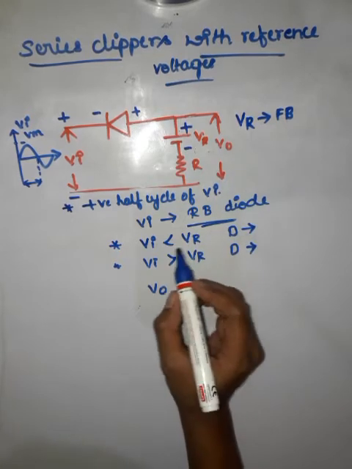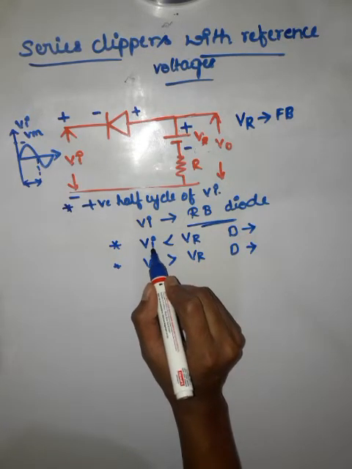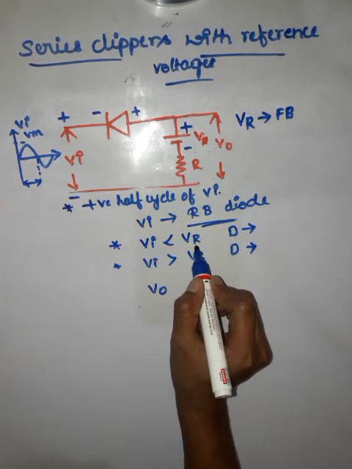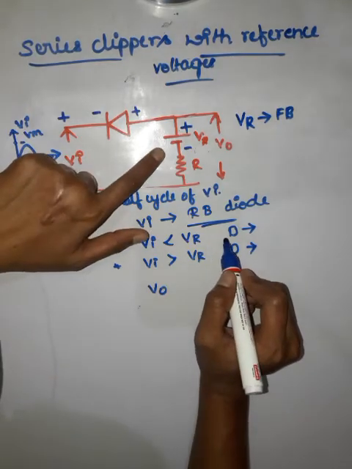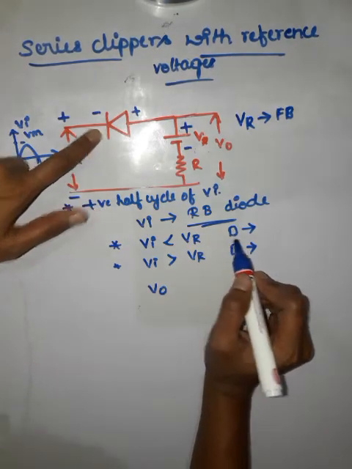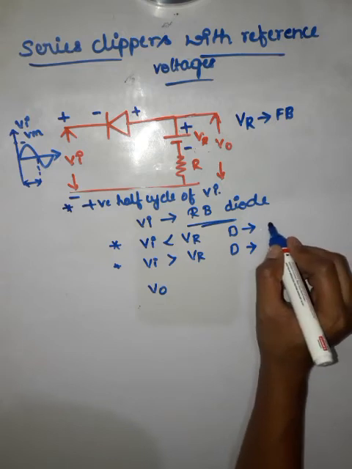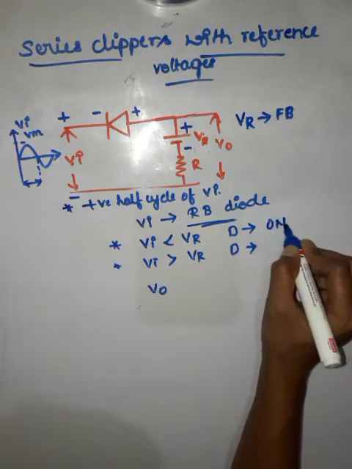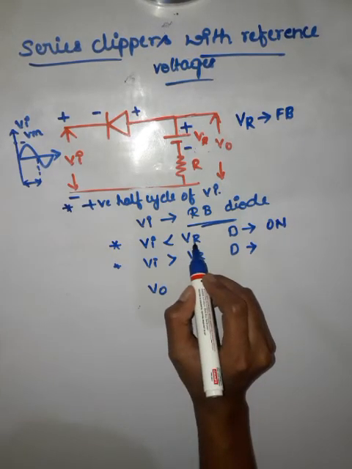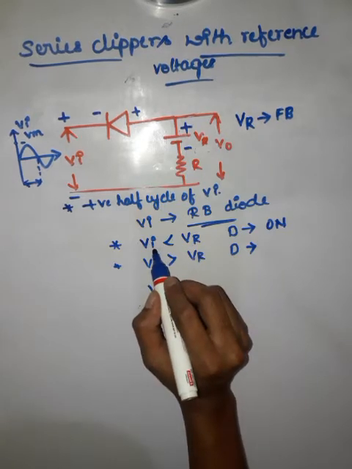First condition: whenever the input voltage is less than the reference voltage, this reference voltage will forward bias the diode. So the diode will be in the on condition, because the reference voltage is greater than the input voltage.